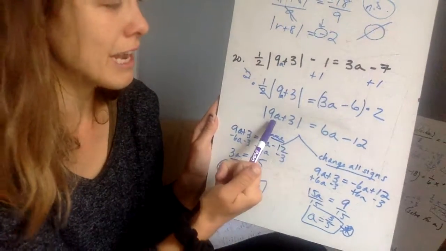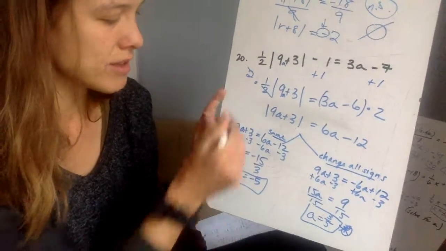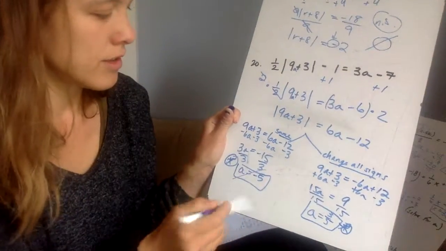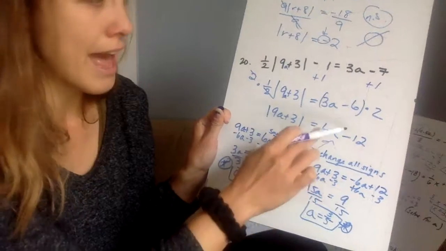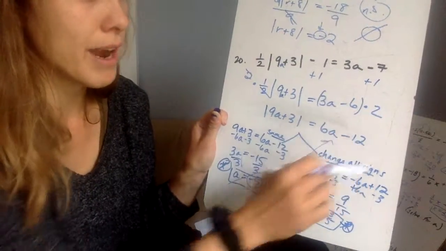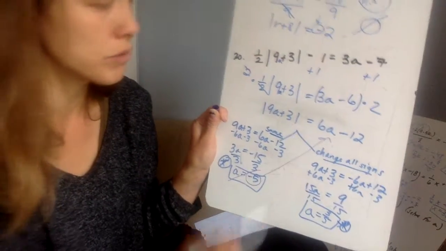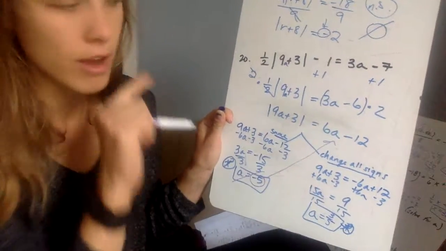And I can't have a negative opposite an absolute value bracket, so this would not work.